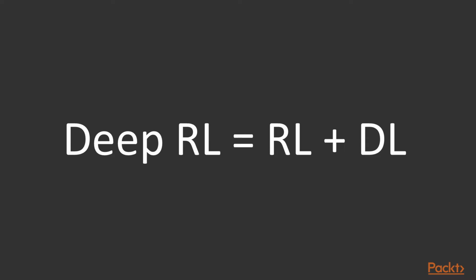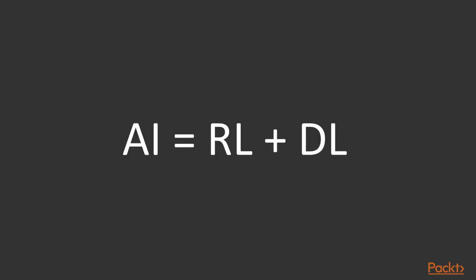Okay, so this new field of deep reinforcement learning is the combination of these two subfields, deep learning and reinforcement learning. And some researchers even say that true artificial intelligence is actually the combination of these two subfields, the ability to learn from data and the ability to learn from interaction from an environment.